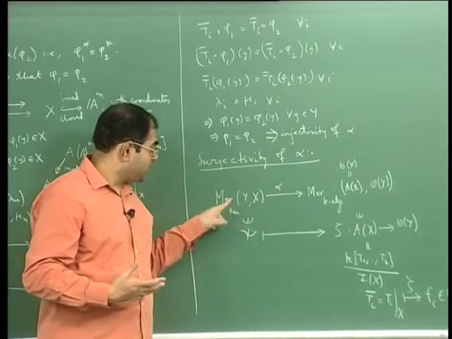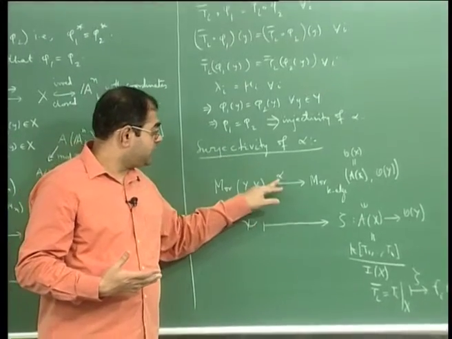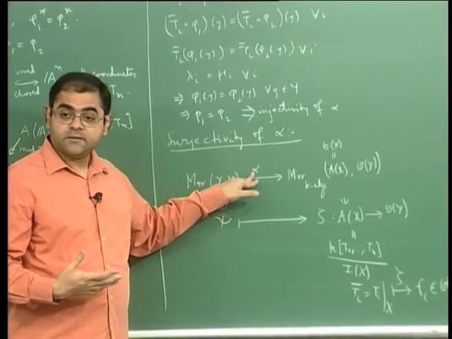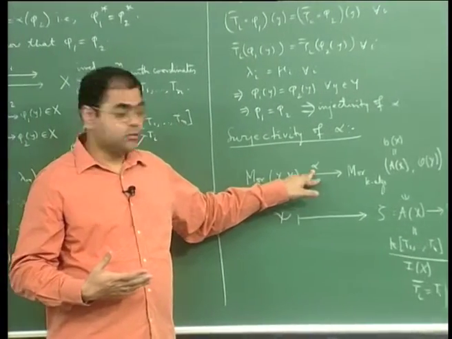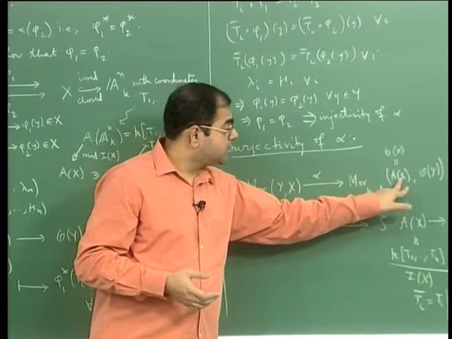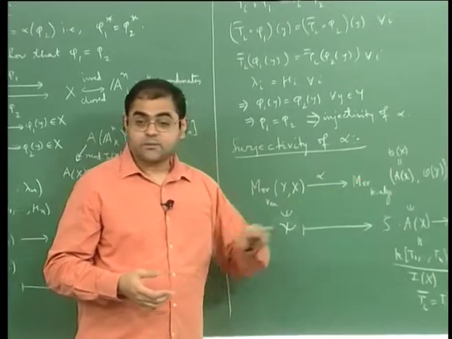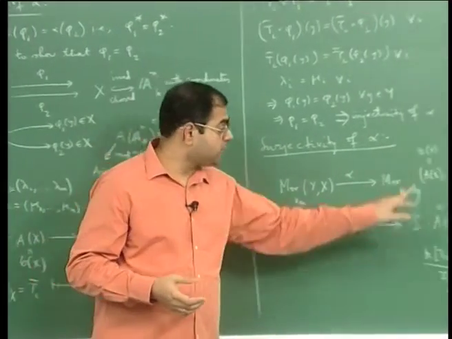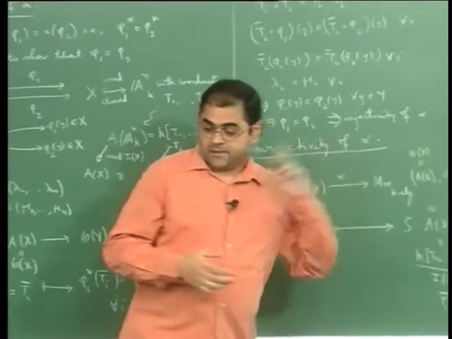Let me repeat that: morphisms into an affine variety correspond via the pullback of regular functions to k-algebra homomorphisms from the ring of polynomials, or regular functions, on the affine variety. Okay, fine.